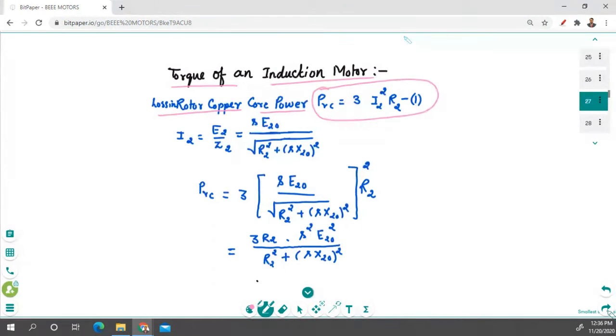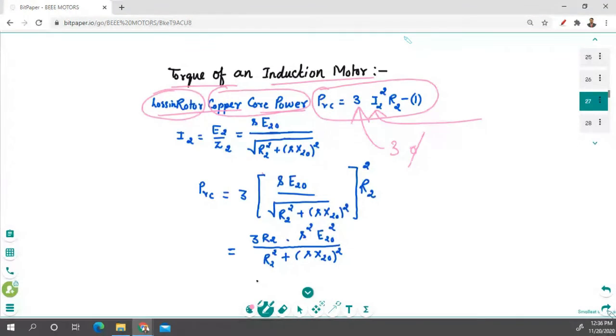And this PRC is equal to 3 into I2 square into R2. So why have we taken 3 right here? We are talking about 3 phases. Okay, so that's why we take the 3 right here.